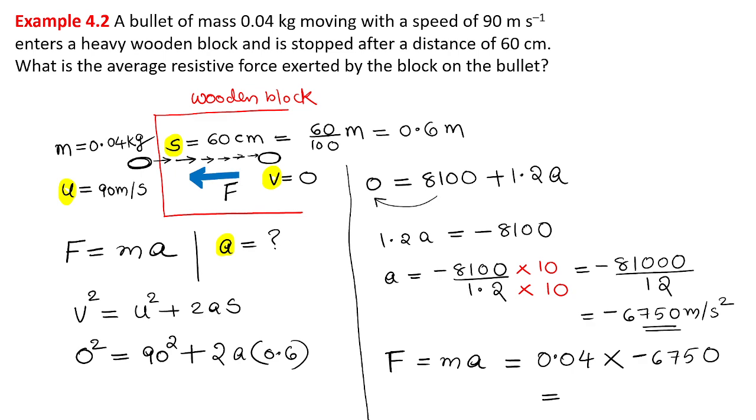Let me multiply this number by 0.04. You will get minus 270 Newton. The minus sign indicates that the force is towards left. Clear? All of you clear? Understood?